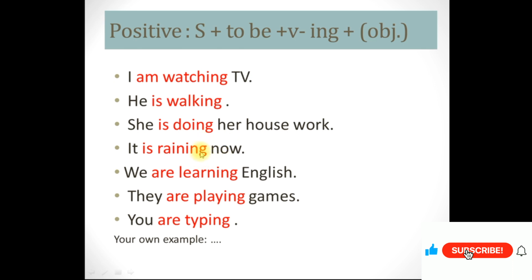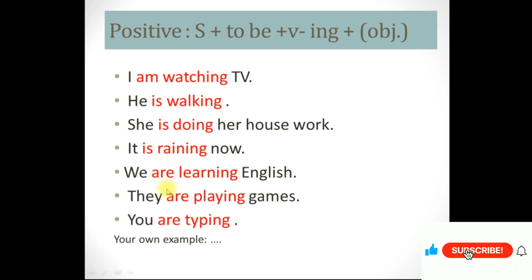And another example, we are learning English, so the activity is happening at the time of speaking. So right now we are learning English, and we is the subject, are is the verb to be, and learning is the verb ing. So English is the object, right? And they are, so there, because we, they, you go with are, right?